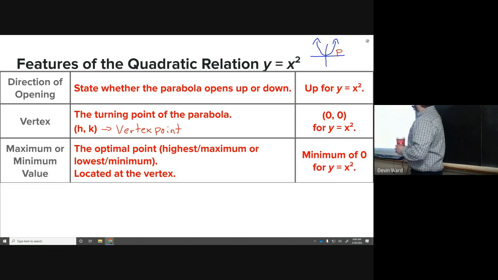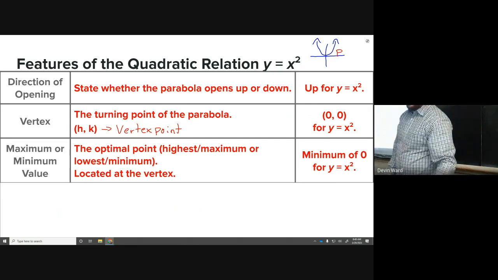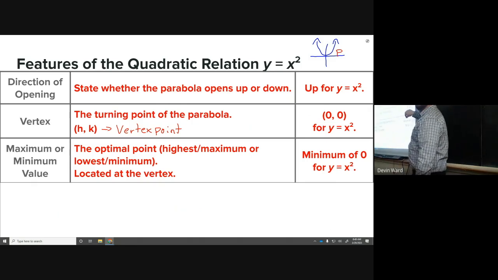So our vertex for y equals x squared was at 0, 0. It started way up, came down to the origin 0, 0, and went back up.